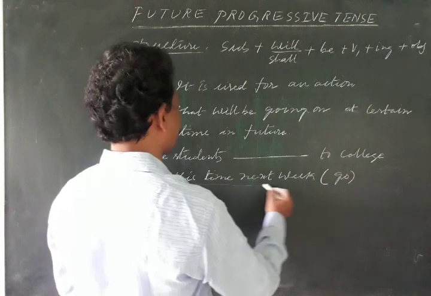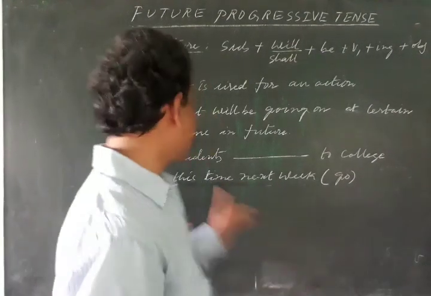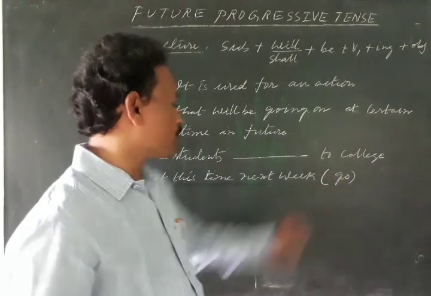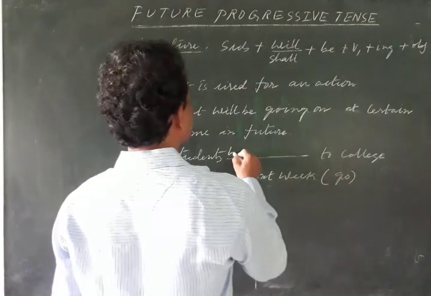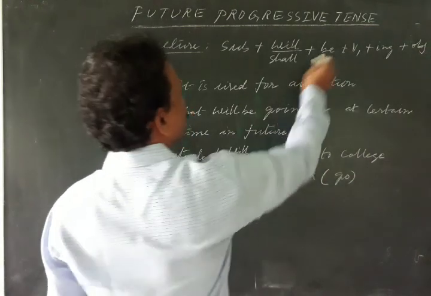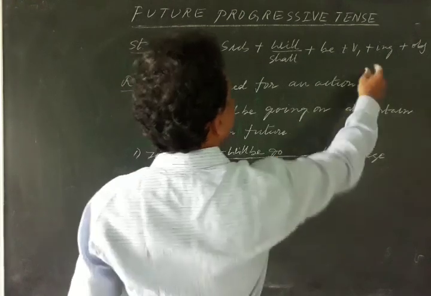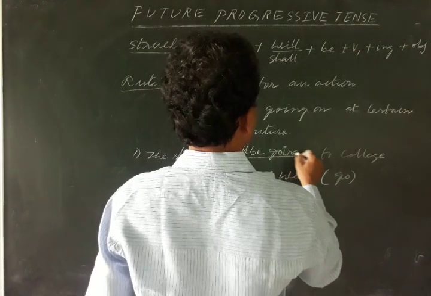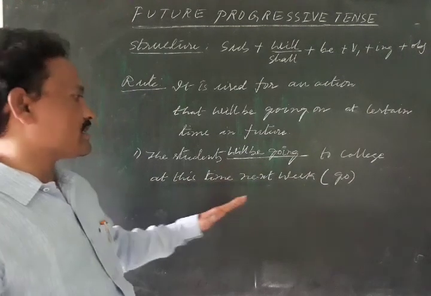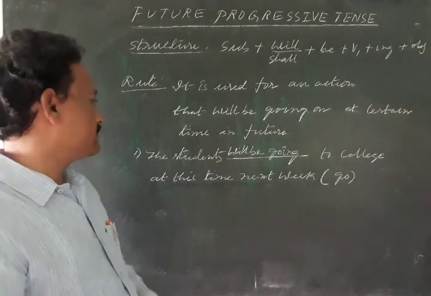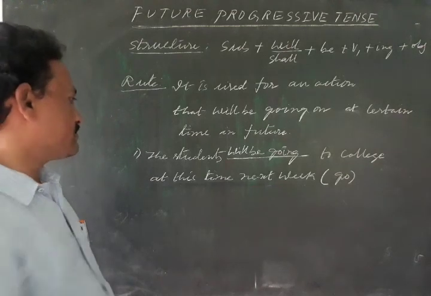At this time. So at this time tomorrow, the action will be going on. What is the subject? The students. Verb go. Whether it is singular or plural subject, will or shall, and then V1 go, and ing going. The students will be going to college at this time next week.